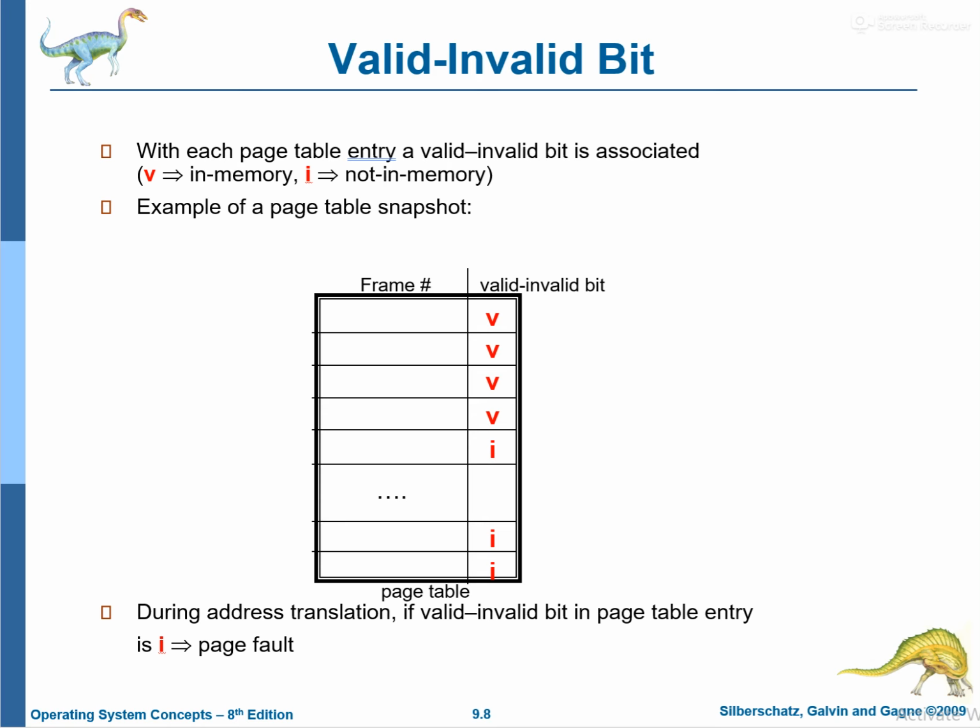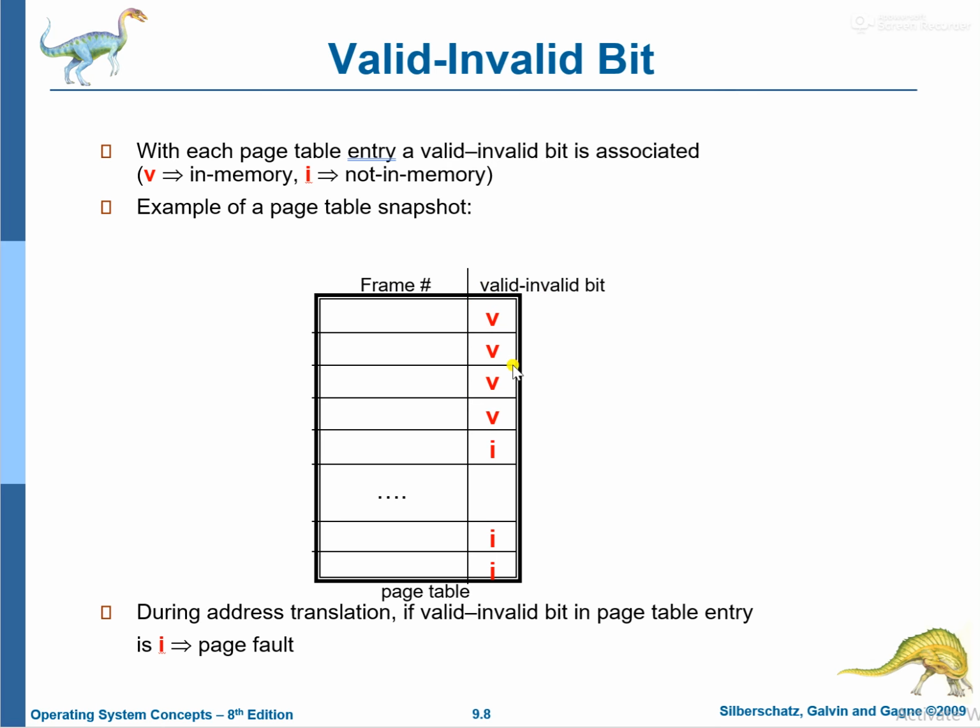So it is possible that when a process is executing, some pages will be in memory and some will be in secondary storage. Thus we need some form of hardware support which tells us whether a page is already present in memory or on the hard disk. For this purpose, like we have already seen in paging, we maintain a page table, and with the page table we have a valid-invalid bit with each entry.